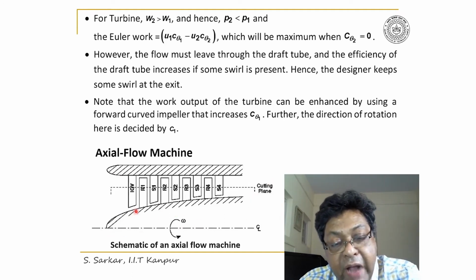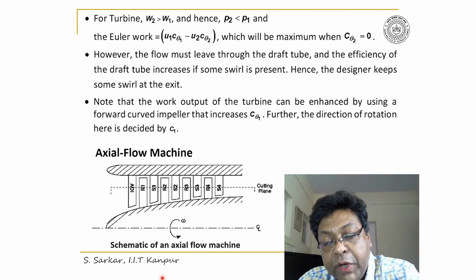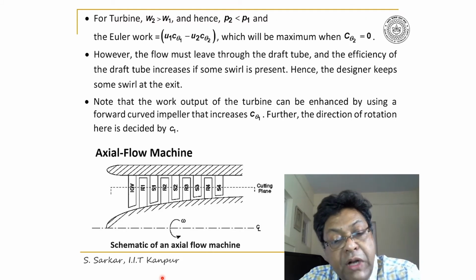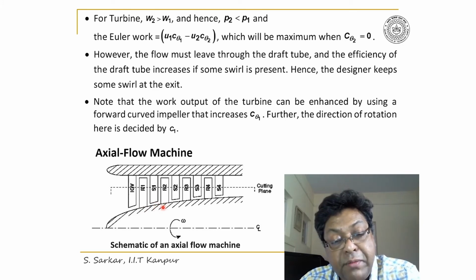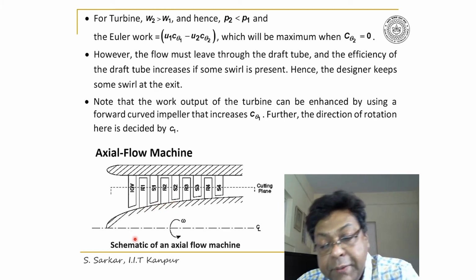You look, the annulus area decreases because of increase of pressure, and you can find the series of rotor blade followed by the stator blade, again rotor blade followed by a stator blade.